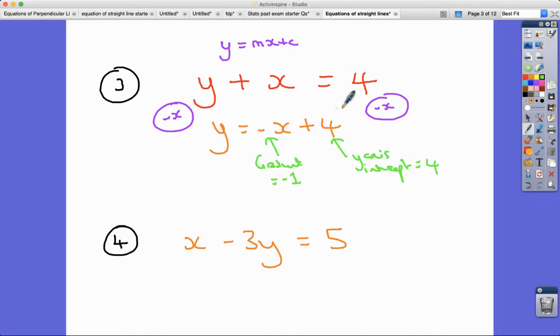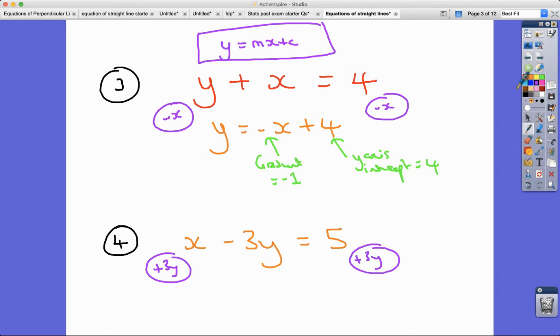Okay. Here, same sort of idea. I've got two things on the left-hand side. To be honest, one of my y terms is negative. I don't want to have a negative y term, so I'm actually going to move the y term straight away to get it to be positive on the other side, and then I'll deal with that in a second.